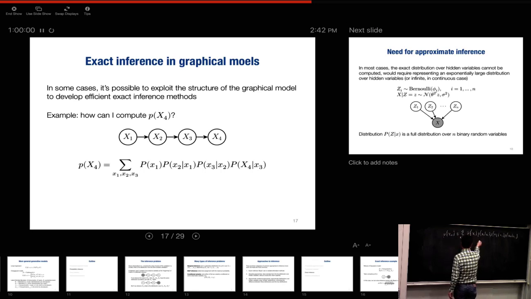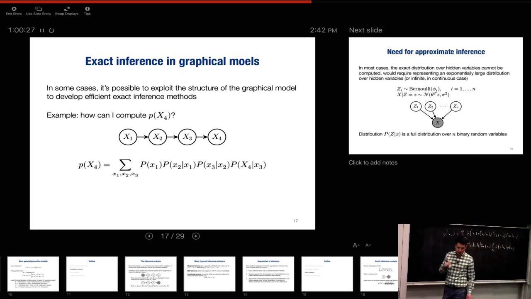We can use the fact that these two terms do not contain x1 to write this as the sum over x2, x3 of p(x3 given x2) p(x4 given x3), times the sum over x1 of p(x2 given x1) p(x1).